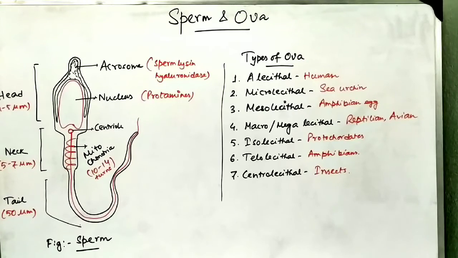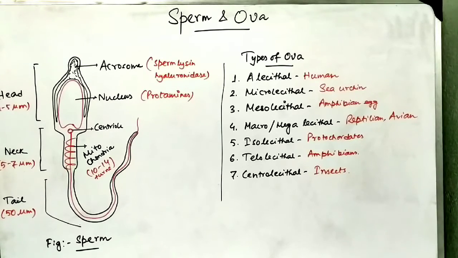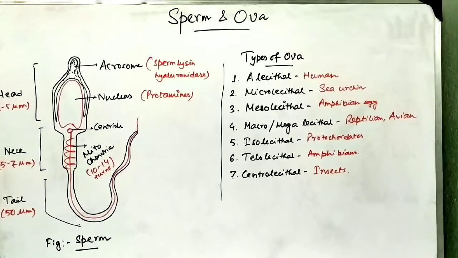If you have seen the fertilization lecture, you will easily find that ZP2 and ZP3 proteins are present at the surface of zona pellucida. So this is the structure of the sperm.